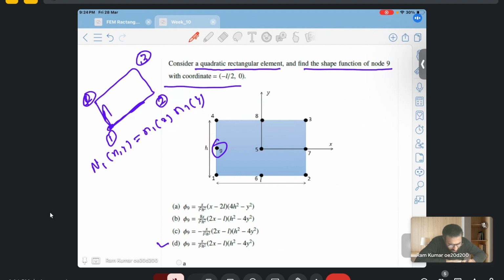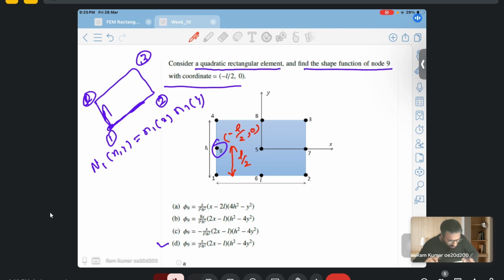So this will be minus L by 2, and y is 0. So here we will write the coordinate. This is minus L by 2 comma 0, and this one is L by 2 comma 0.